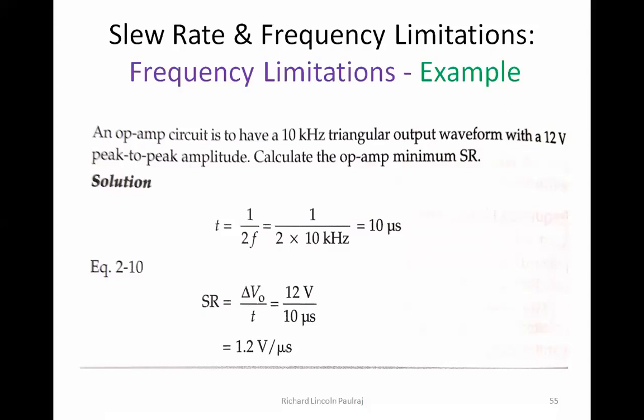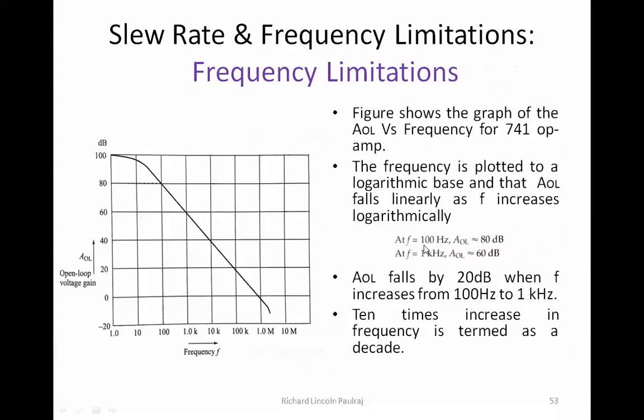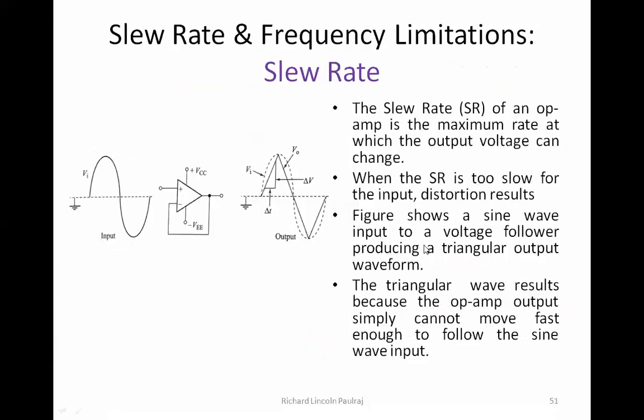It's going to be the output voltage change, because we have delta V naught. So we should get back to the definition. What is slew rate? Slew rate is nothing but the maximum rate at which the output voltage can change. Is it clear, students? Yes, sir. Yeah, fine.